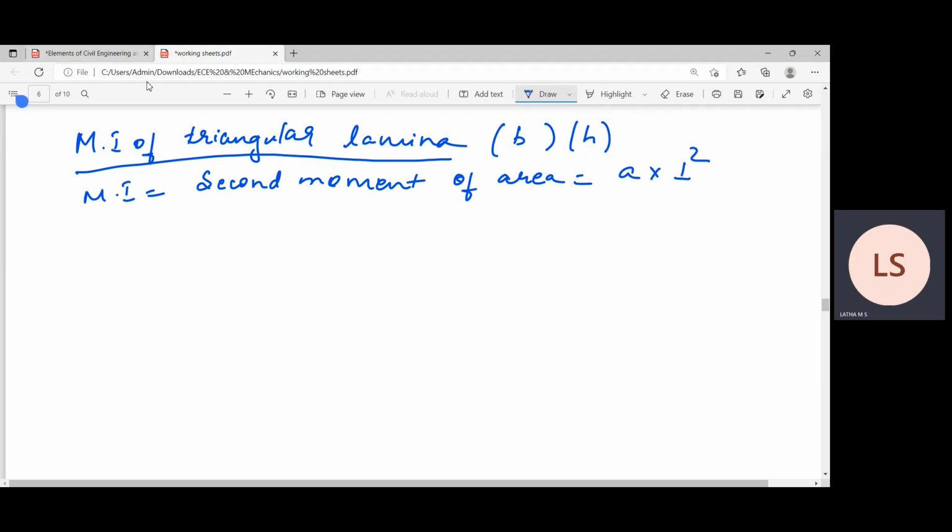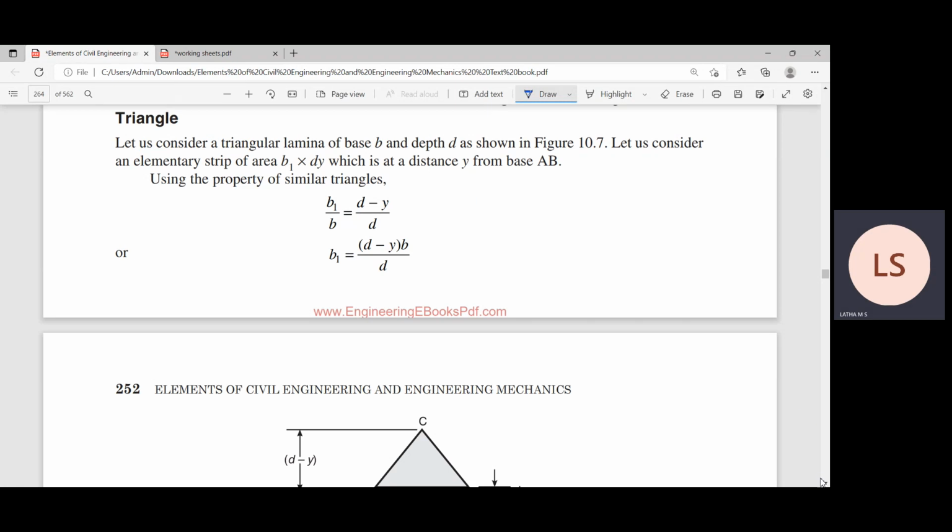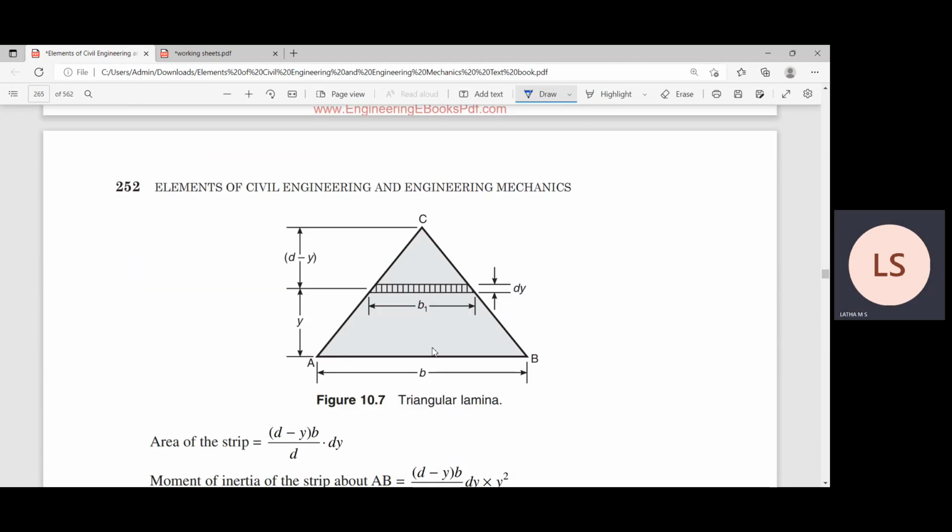Now, to start with, we'll understand the figure first. This is the triangular lamina, base B and height H, or it can be taken as D. We'll consider an elementary strip of thickness dy, width b1.